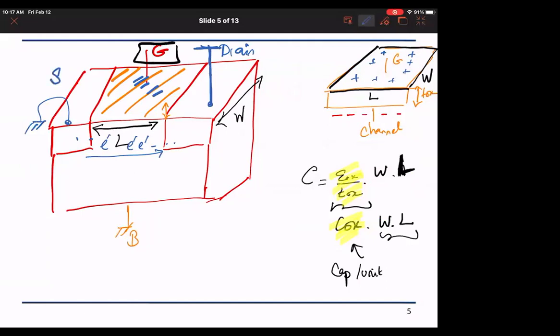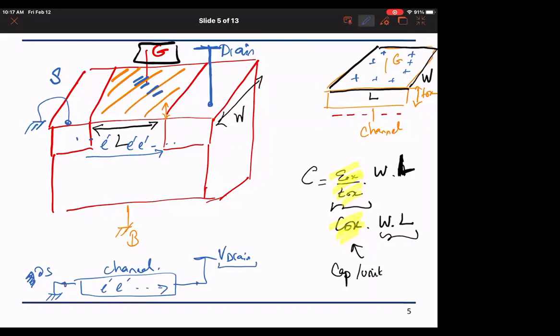Once the channel is formed, then I apply the drain voltage, and I apply the ground here at the source. So this is the source, and the electrons are going to move based on the voltage VDS.